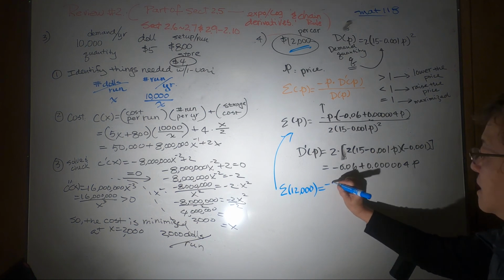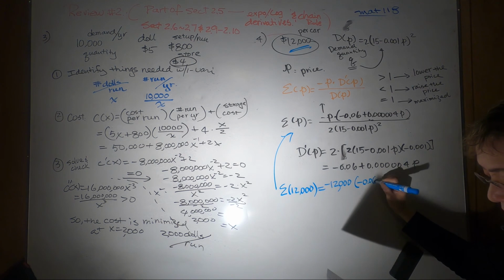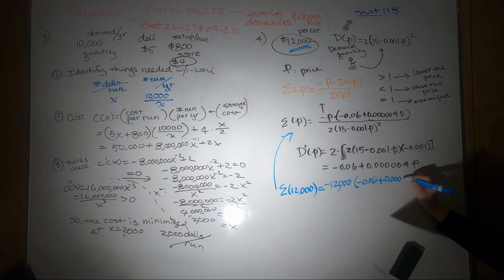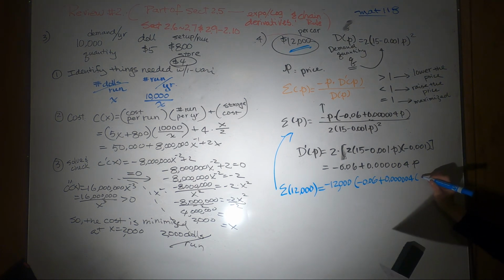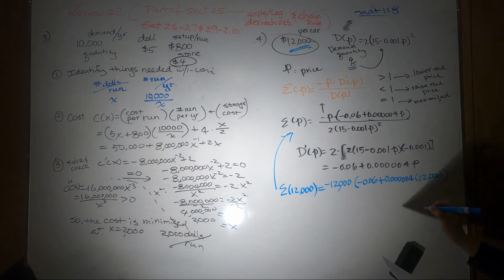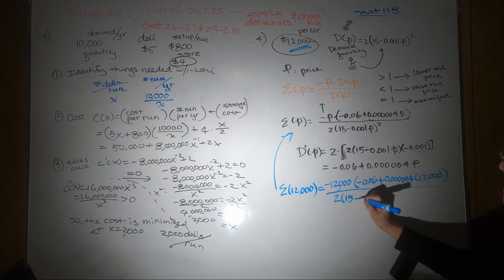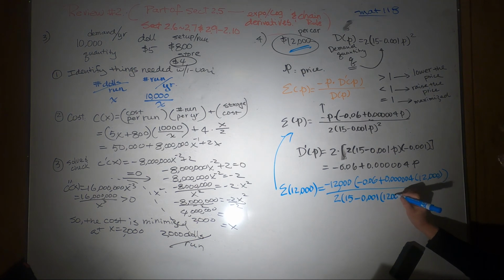So you will have 12,000 times negative 0.06 plus this small number 0.00004. Be careful with your zeros, so you don't have typos that way. Then you plug in 2 times (15 minus 0.001 times 12,000), then take a square.